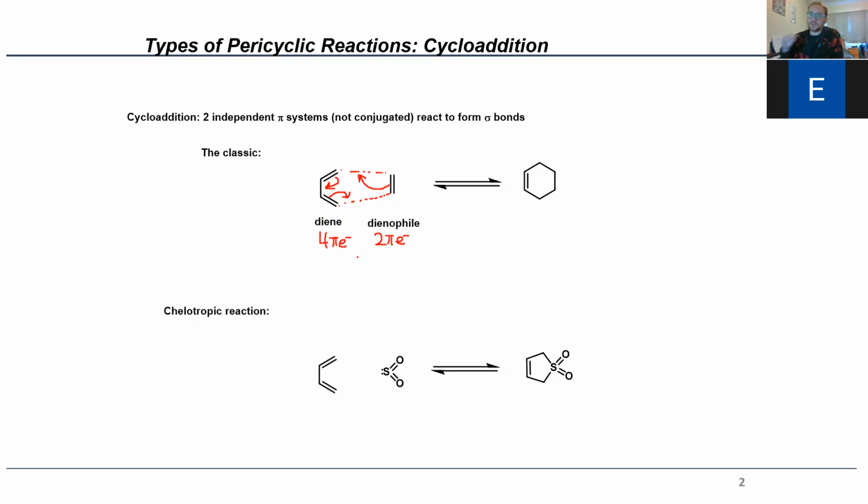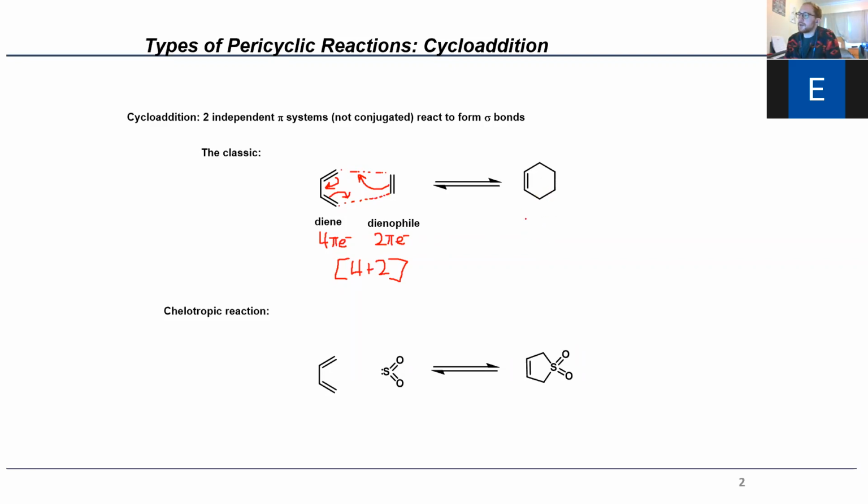And so the naming convention is as follows. It's just 4 plus 2 with brackets. So it's the number of pi electrons in one plus the number of pi electrons in another. And this is quite useful because it describes, in this case, the six-membered ring that we're creating.